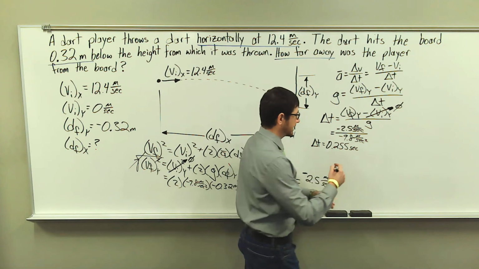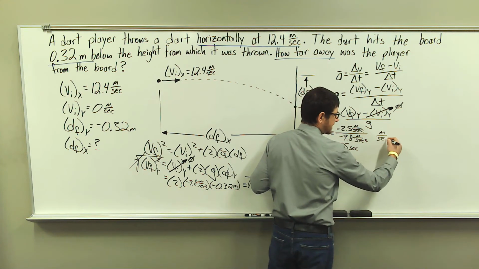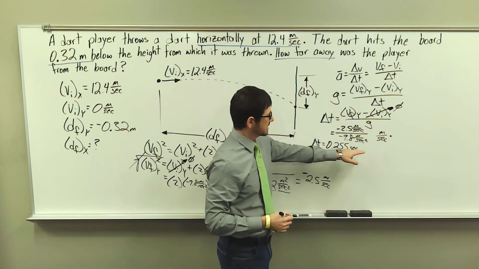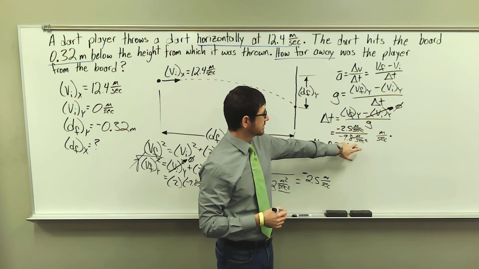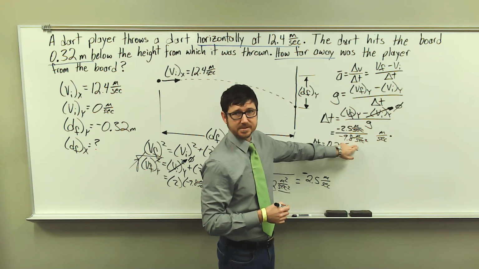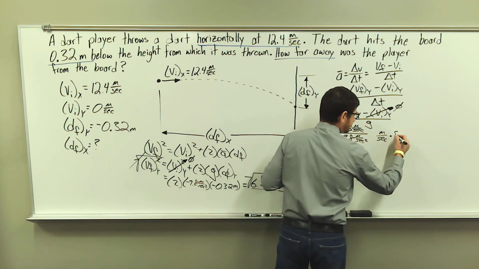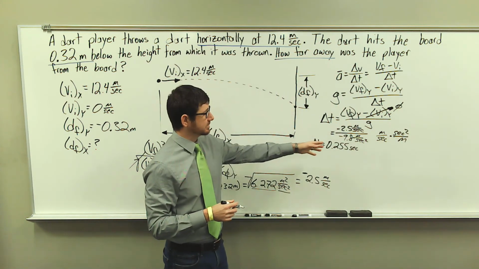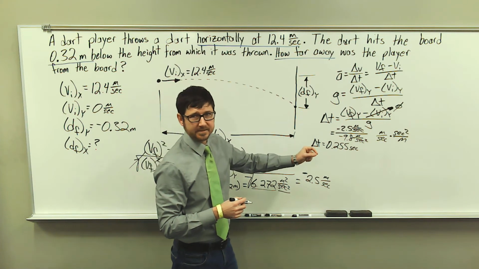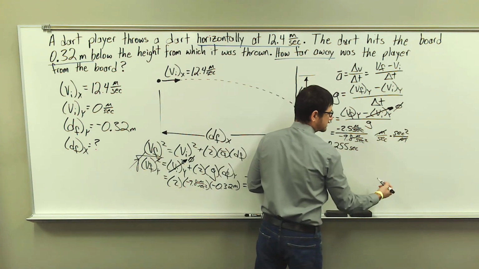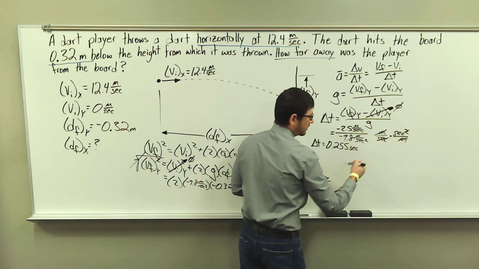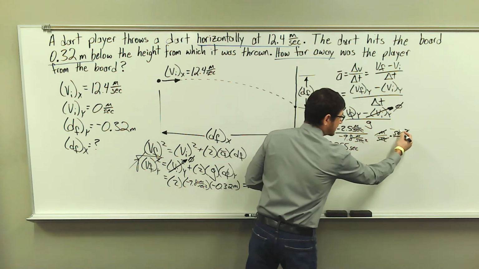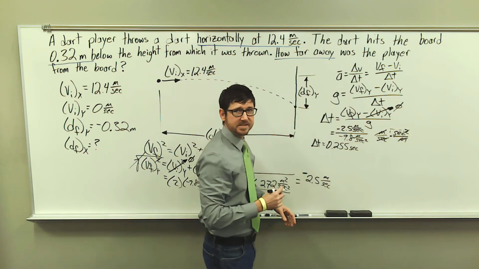So what we have here is meters per second times the inverse of the denominator. We're going to have seconds squared per meter. As you can see, the meters cancel out and one of our seconds cancels out. So meters, that's gone. One of our seconds is gone, leaving us with units of seconds.